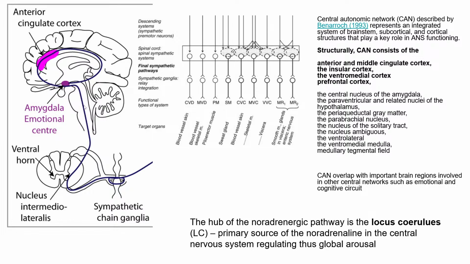But before, they go through a long chain of the central autonomic network. And this chain is quite different for the sympathetic nerves that go to the muscle which dilates the pupil, and for the sympathetic nerves that go to the eccrine glands.